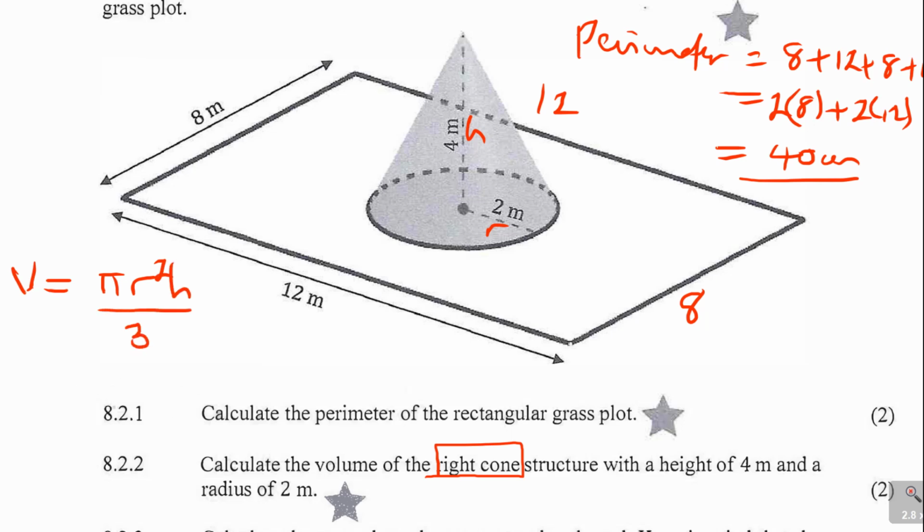Calculate the volume. See, we are just substituting, guys. So my v is pi times, they say the radius is 2 squared, times the height, which is 4.